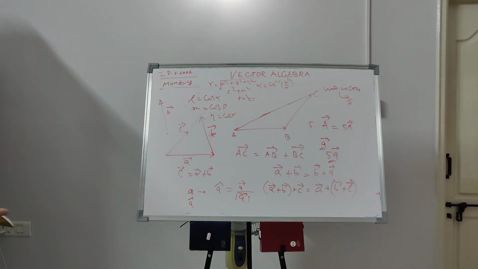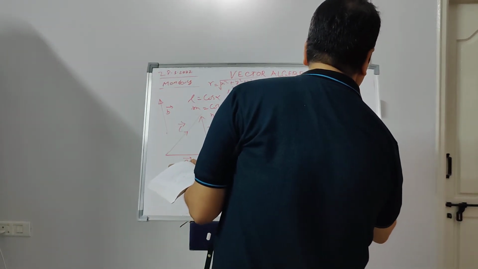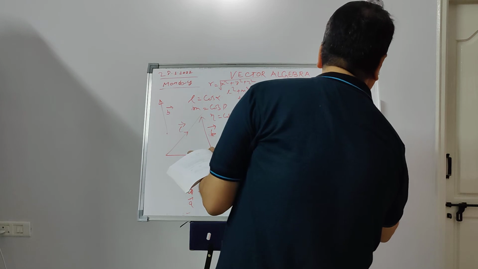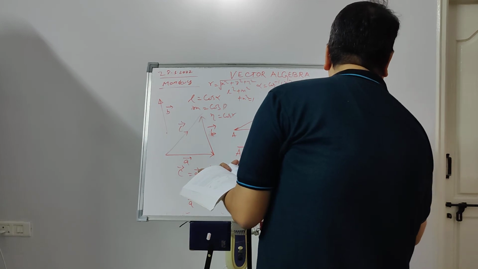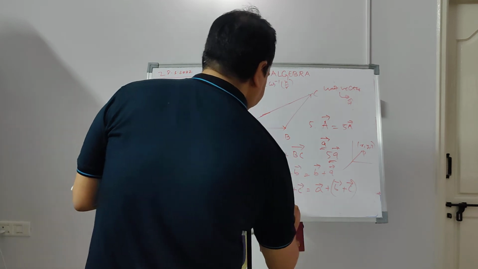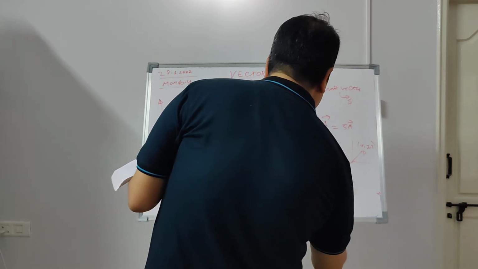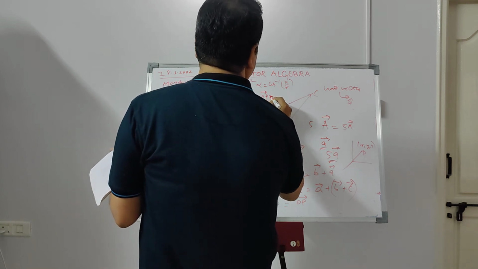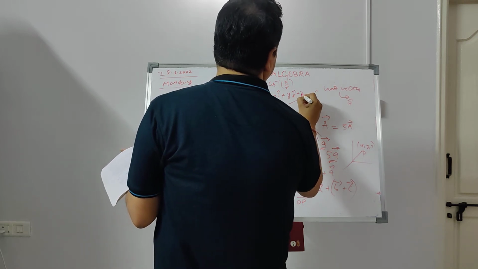Suppose earlier we had some point P with coordinates x, y, z in 3D. So what is the unit vector of OP? OP vector will be defined as x i cap plus y j cap plus z k cap.